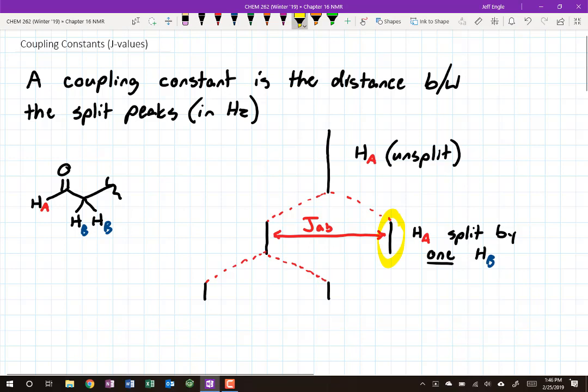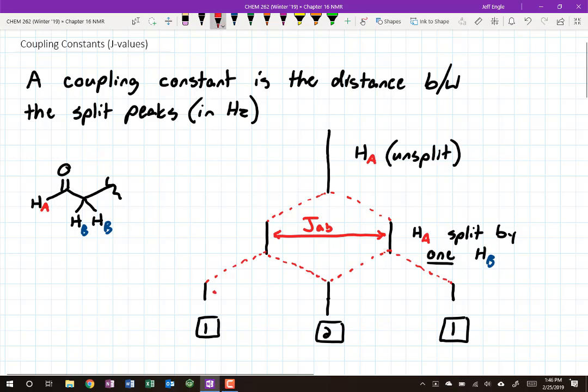This peak will also be split by the second HB. And so we can show this being split again, and now this middle peak is going to actually be twice as tall. So if we look at this, it makes sense when we look at the ratio of this peak splitting. This peak right above here is going to be a relative size of 1 to 2 to 1.